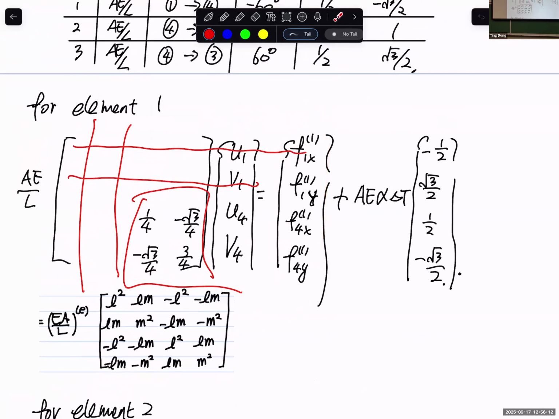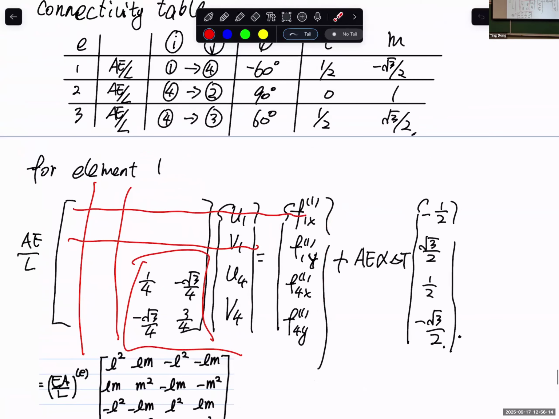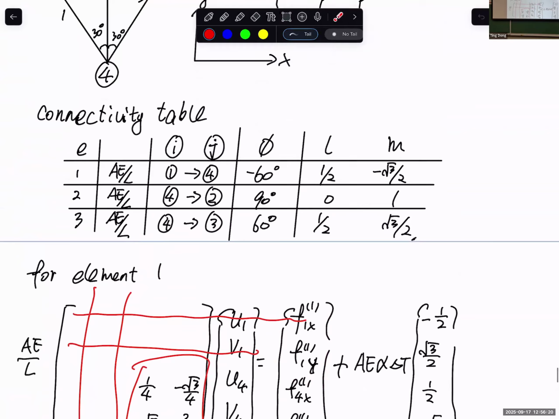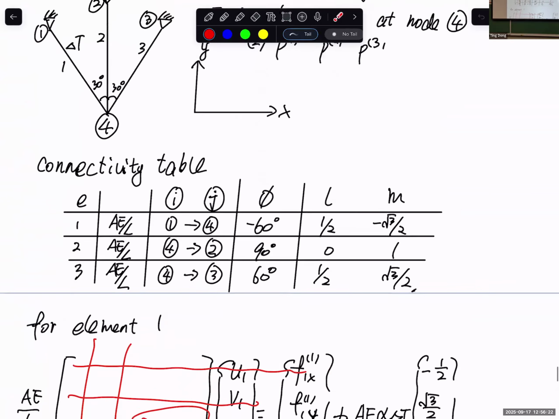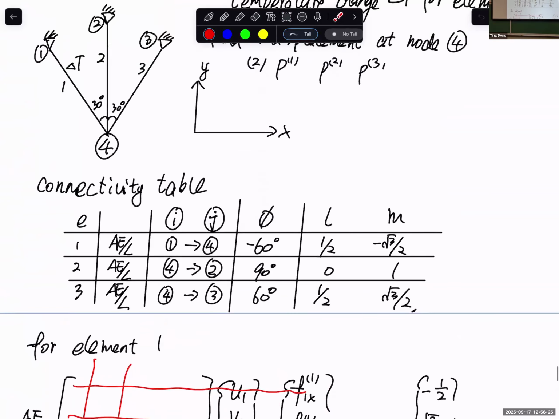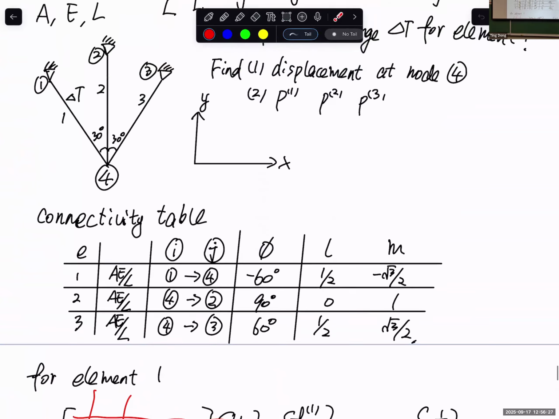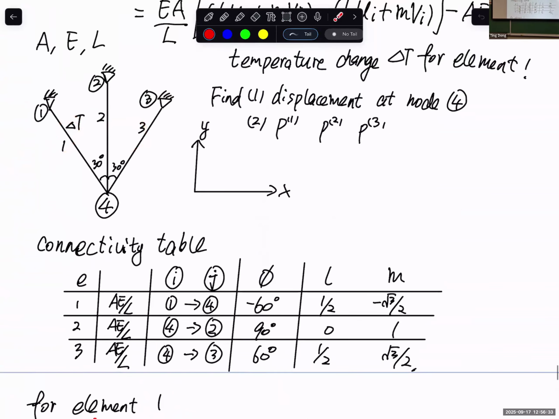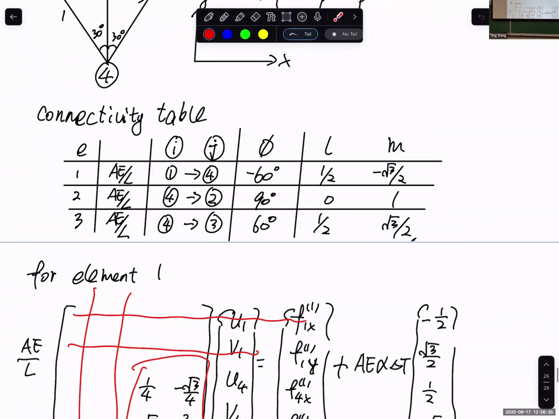Well, actually, it's not 0. I can talk about it in detail later, but everything related to after assembly, the global matrix equation, that term becomes 0 for node 4. Nodes 1, 2, 3 are reaction forces. Because this example is only focused on temperature change, there's no temperature change for element 2 and element 3.